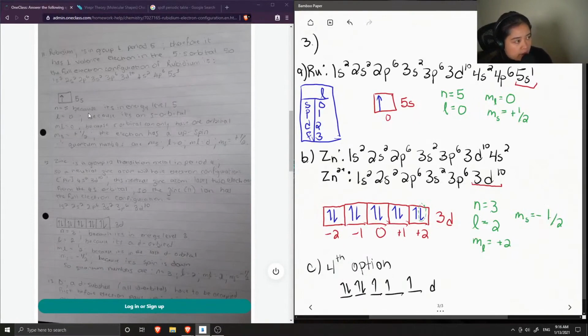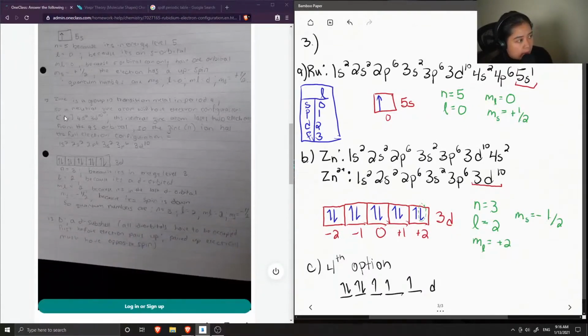And then they drew their diagram. N is equal to 5 because it's in energy level 5. L is equal to 0 because it's in an s orbital. ML is equal to 0 because the s orbital can only have one orbital. And ms is equal to +1/2. The electron has an upspin.